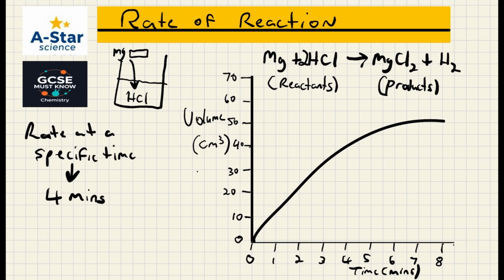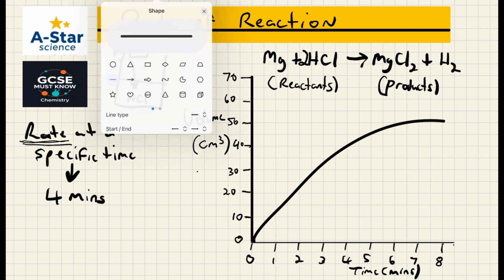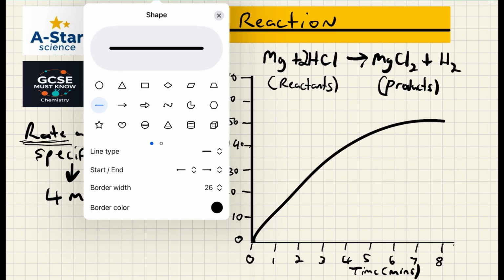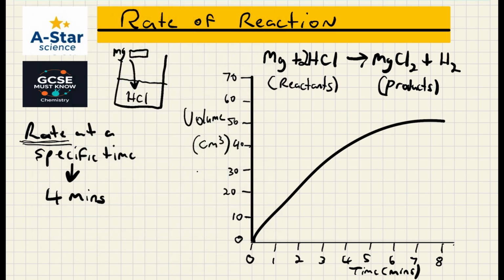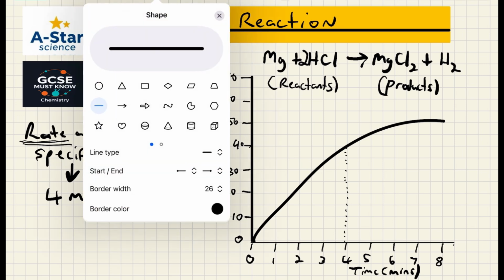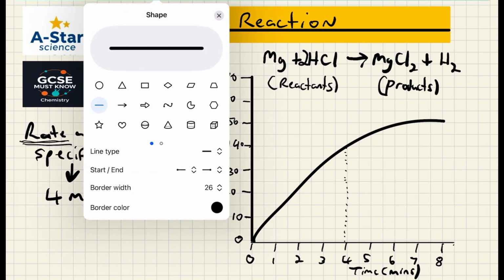So this isn't the mean rate, it's the instantaneous rate at that specific time. Now, in this case, you're going to draw a tangent line at that particular spot. So again, I go up from 4 minutes, and then I need to draw my tangent line. See if I can do that.